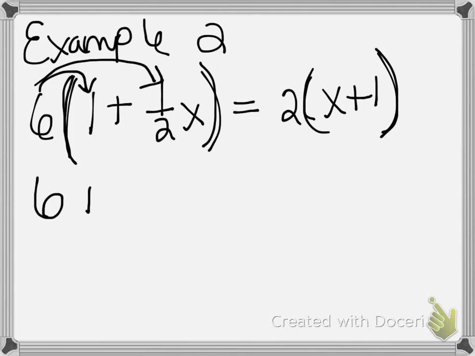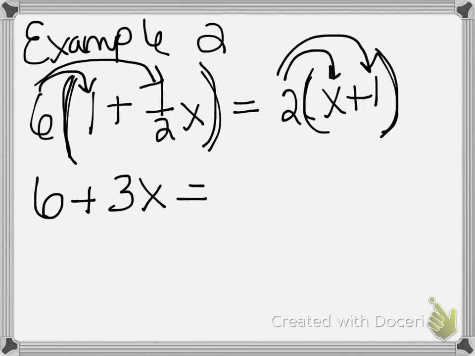So I'm going to get 6 plus, I know half of 6 is 3, so I'll have 3x equals, and I'm going to distribute my 2 into this parenthesis, so now I have 2x plus 2. Okay, now I'm going to look and see is there anything I can combine on the left or to the right. I'm just drawing the line to keep things organized.